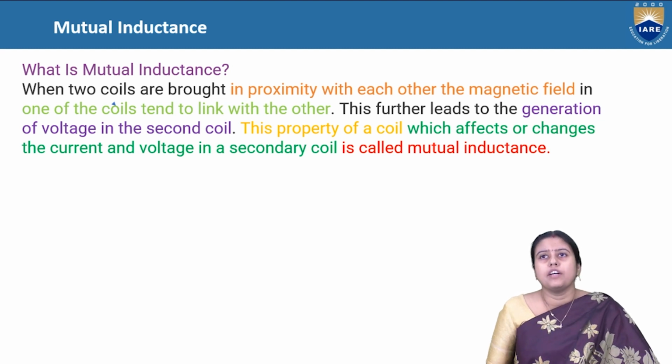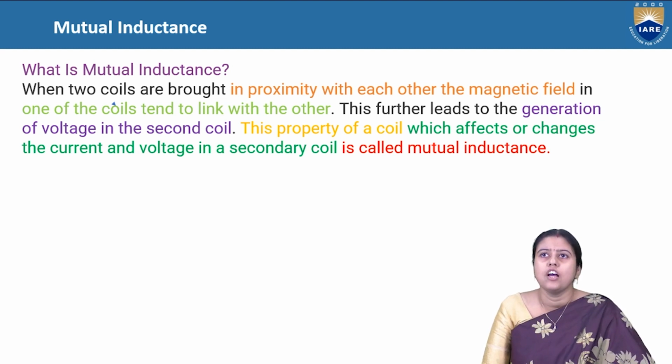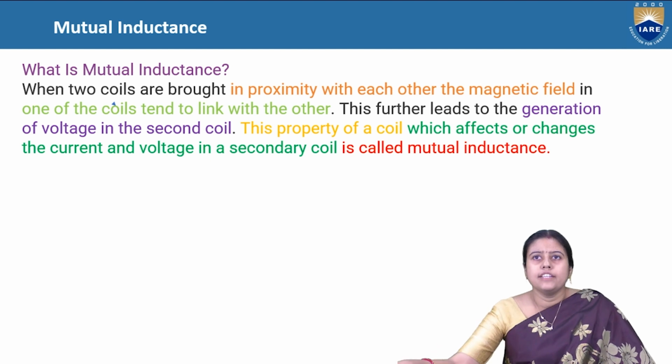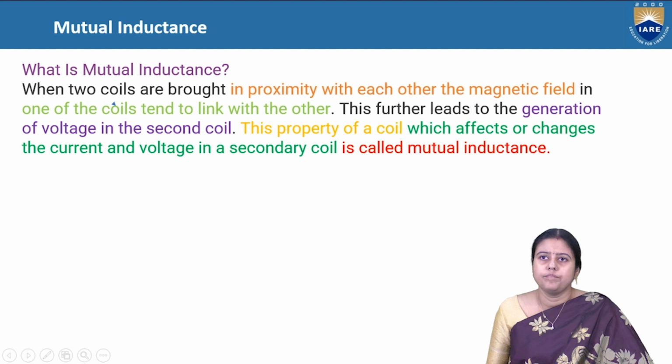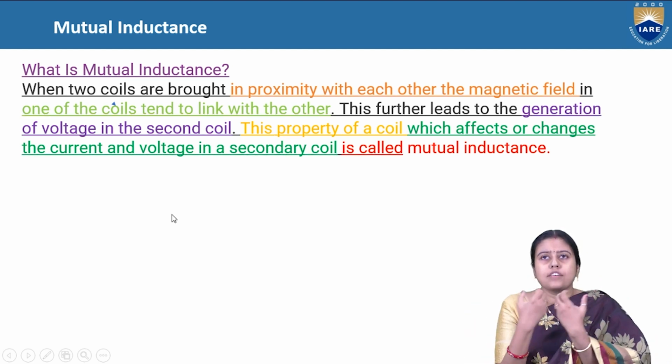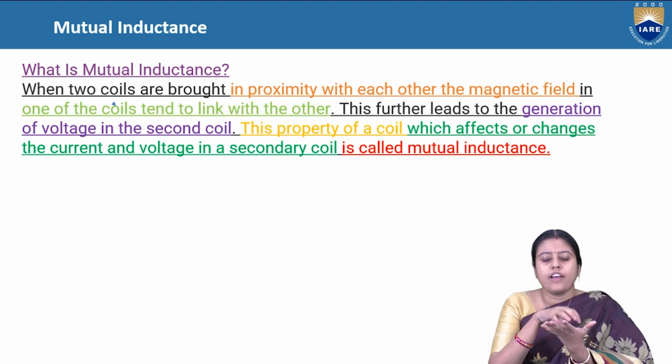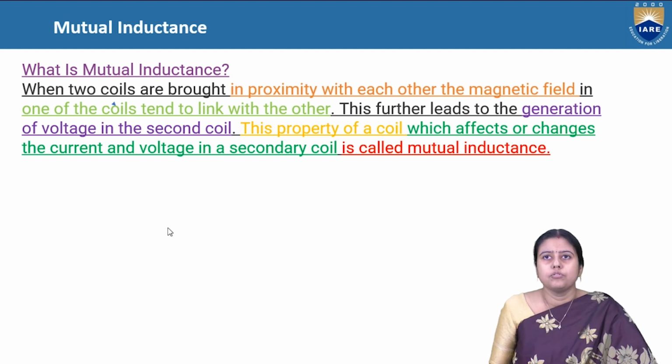This property of the coil, which affects the change of the current and voltage in a secondary coil, is known as the mutual inductance. So if two coils are nearer to each other, the flux from one will link to the other.